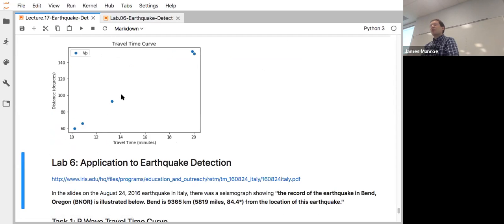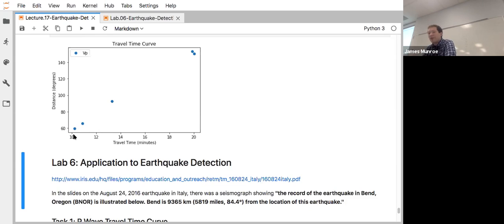There's no dots right there. What I'd really like is to have an estimate of 84.4 and try and figure out what time that is. Basically, go from 84.4 to the right here and estimate what time that is. And the way we're going to do that is we're going to fill the graph in. We're going to put a few more dots in this space so that you've got a better estimate of the travel time.